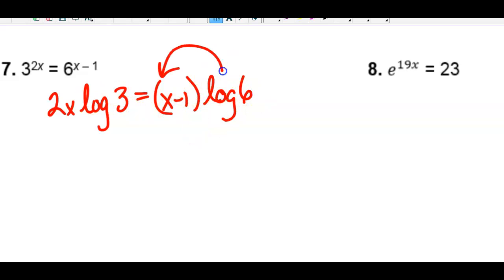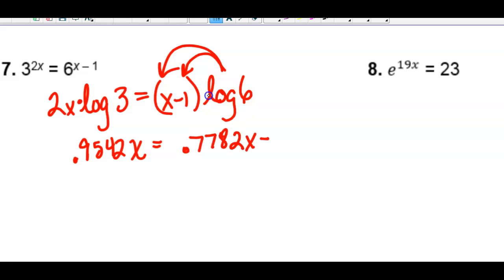You can distribute this and make it all decimals, and it's just going to be ugly, okay? So if you multiplied over here, 2 times the log of 3, you get 0.9542, and that has an x. And over here, if you do the log of 6, it's 0.7782, and then it's also back here minus 1, so it's 0.7782.